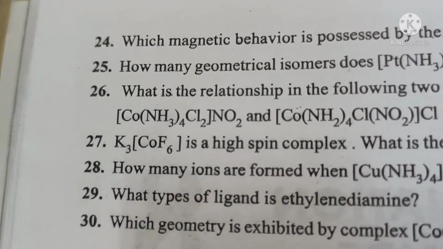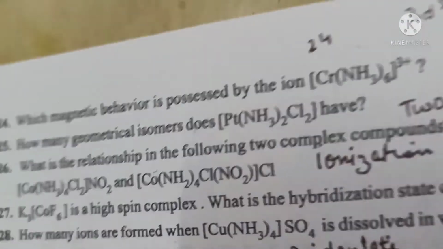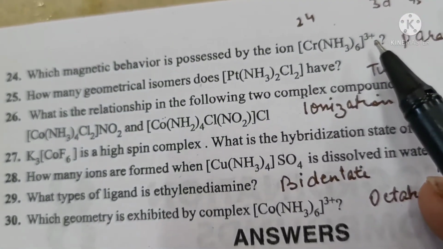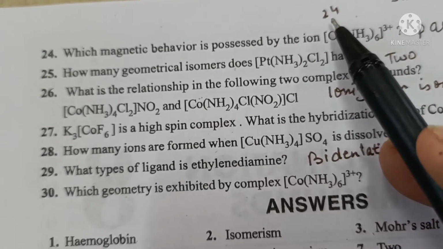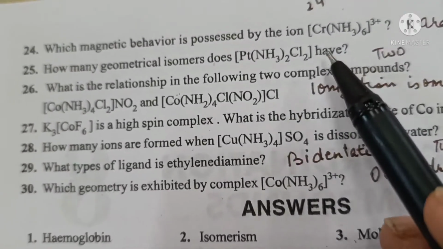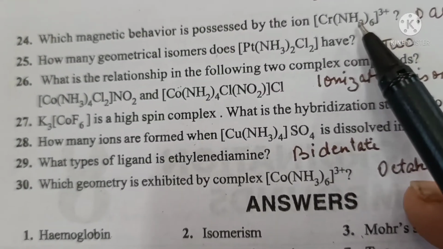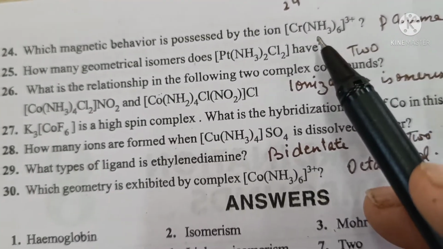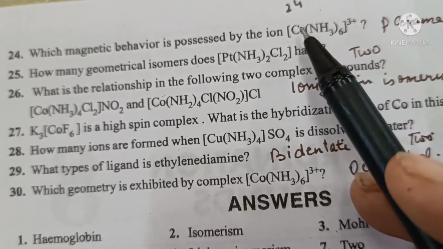Which magnetic behavior is possessed by the ion hexaammine chromium(3+)? The atomic number of chromium is 24, and in this compound, because ammonia is neutral, the oxidation state will be x + 6 × 0 = 3, or x = 3.